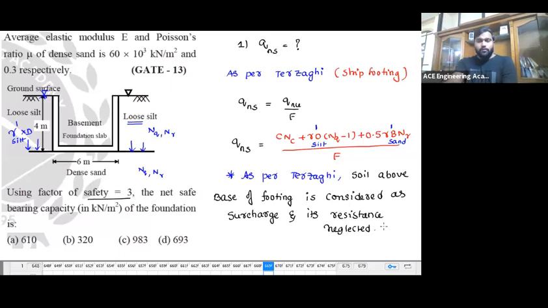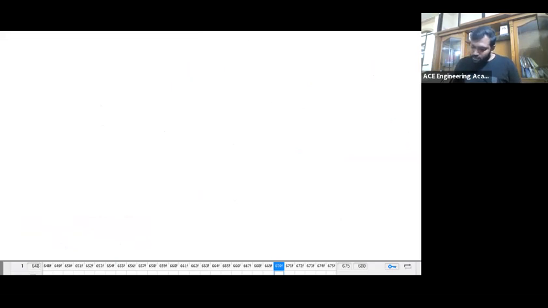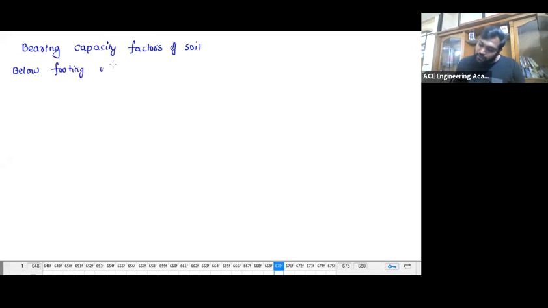Now which NQ, N gamma should I use? The properties of soil, the bearing capacity factors of the soil below the footing only are considered, which means dense sand NQ and N gamma only.